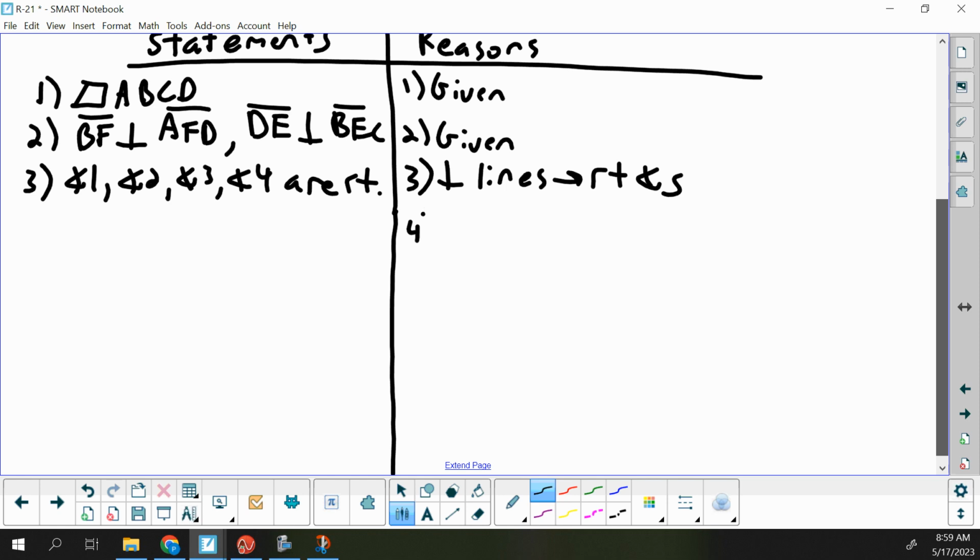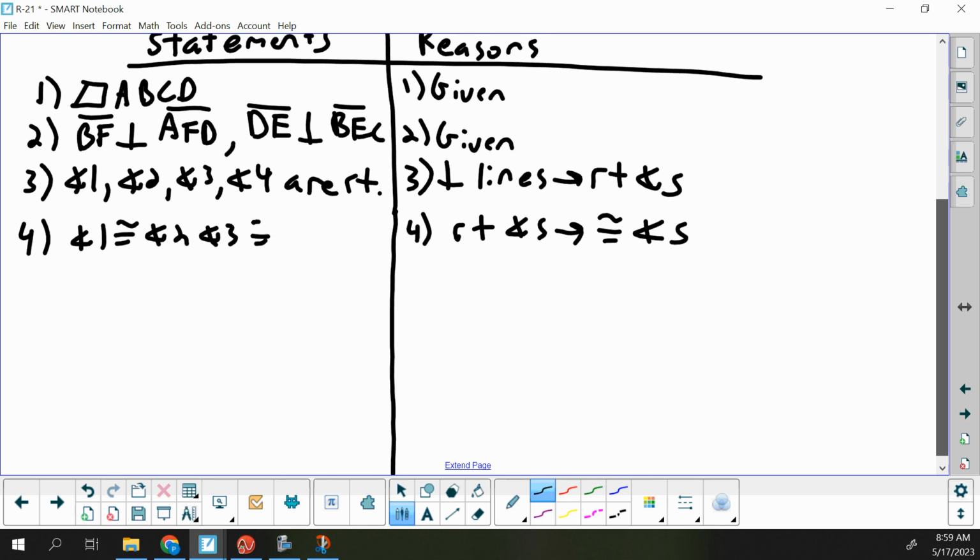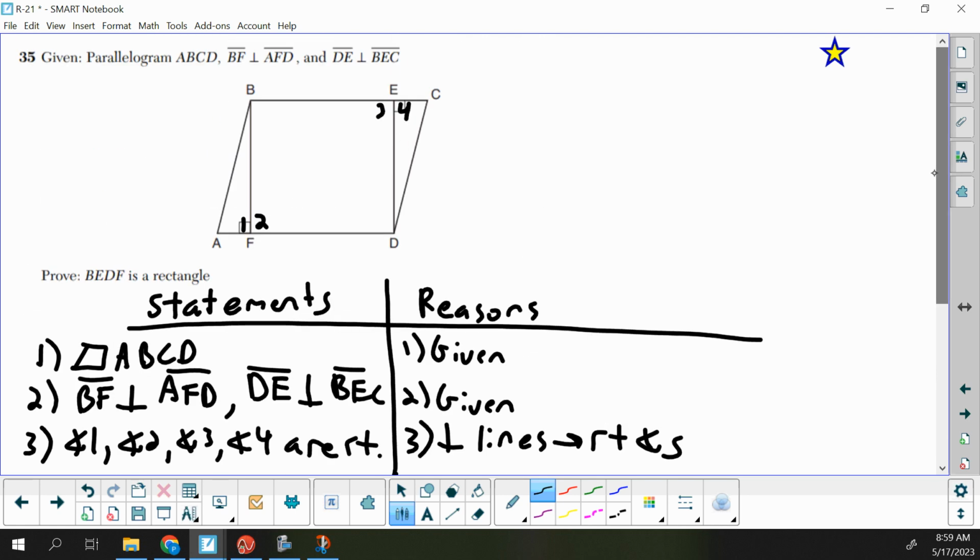And then automatically next, we want to do right angles implies congruent angles. So we'll have angle 1 congruent to angle 2, congruent to angle 3, congruent to angle 4. We set it in our proof, so let's go up and mark it in our picture. We'll have our boxes on all of those.